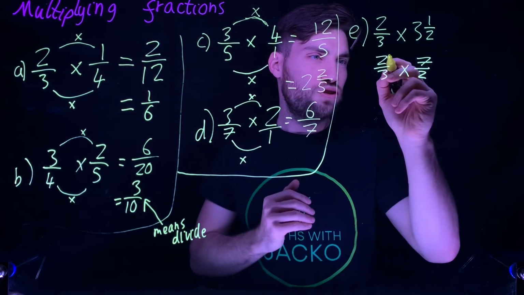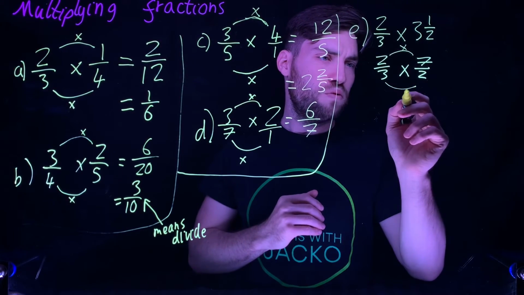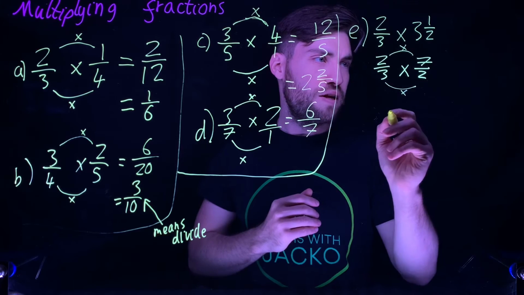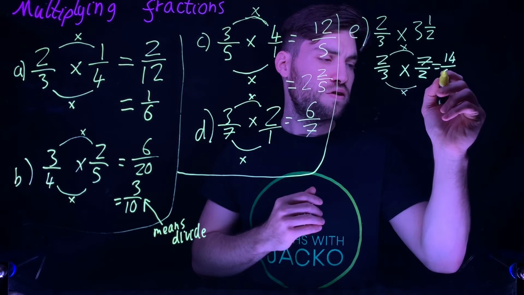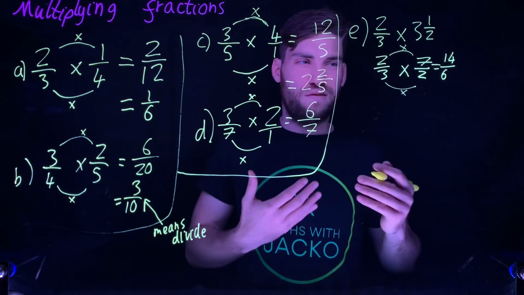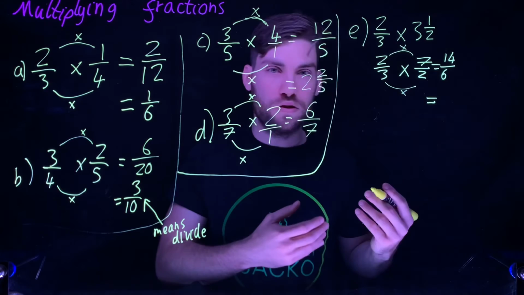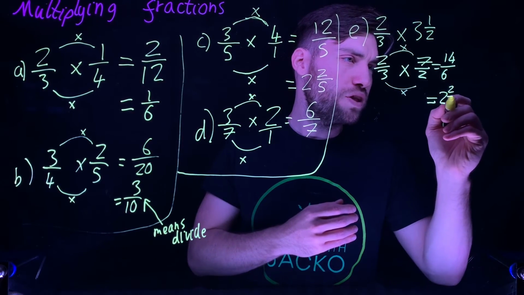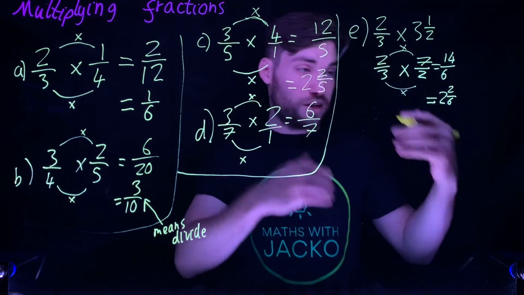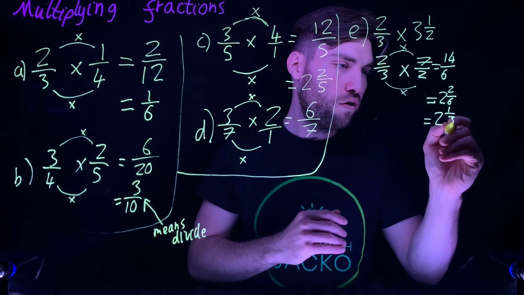And then you just go 2 times 7 and 3 multiplied by 2. So then that equals 14/6. Yeah, 14/6. And then if you want to pause the video so you can convert that to a mixed number, go ahead. So that will then be 2 and 2/6, which simplifies again to 2 and 1/3.